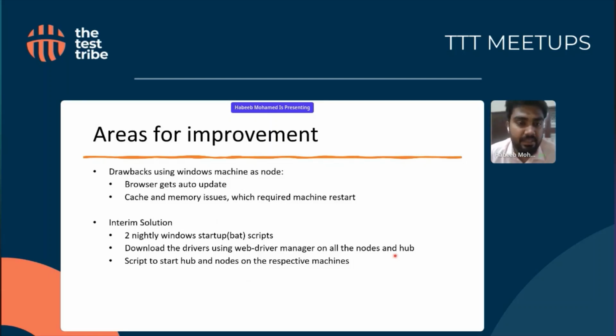Some memory was sitting on the Windows machines, and sometimes it was causing a heap issue, so we had to keep on restarting the machine. To overcome this, we thought of coming up with two Windows batch scripts. One is for downloading the drivers. This is a nightly batch script, so each night it will run.